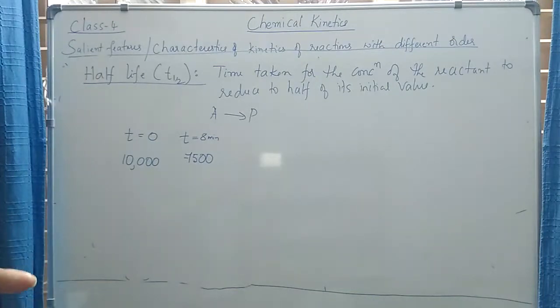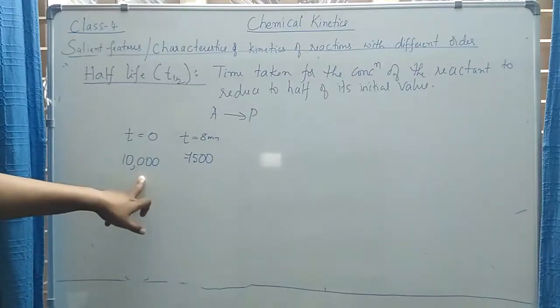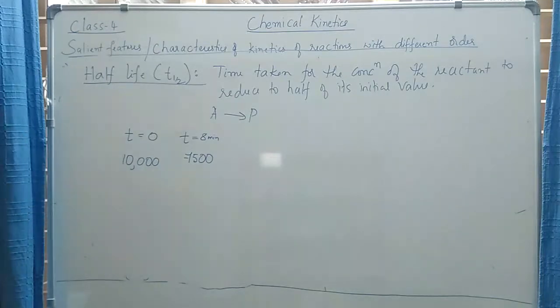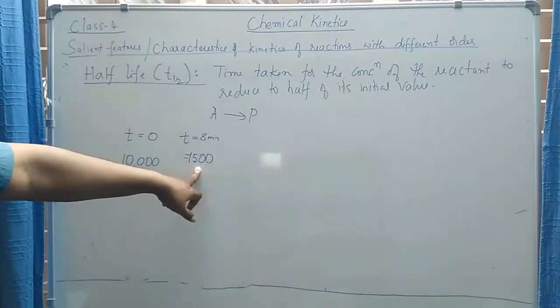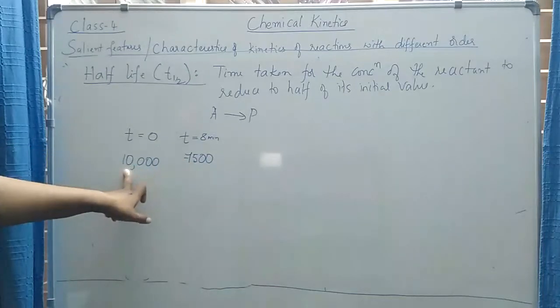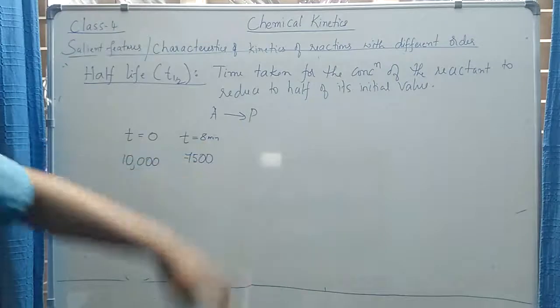It is the time taken for the concentration of the reactant to reduce to half of the initial value. So initial value here is 10,000, half of that is 5,000. So the time taken for half of the reactant to be consumed. Since the concentration of the reactant has not reduced to half of its initial value, this is not the half-life.